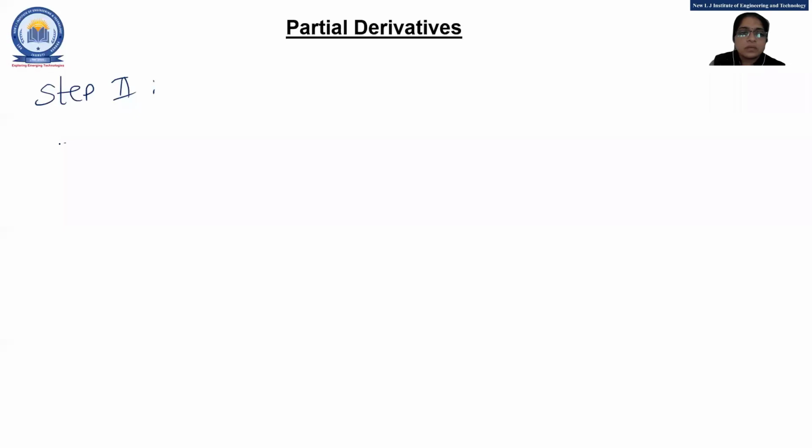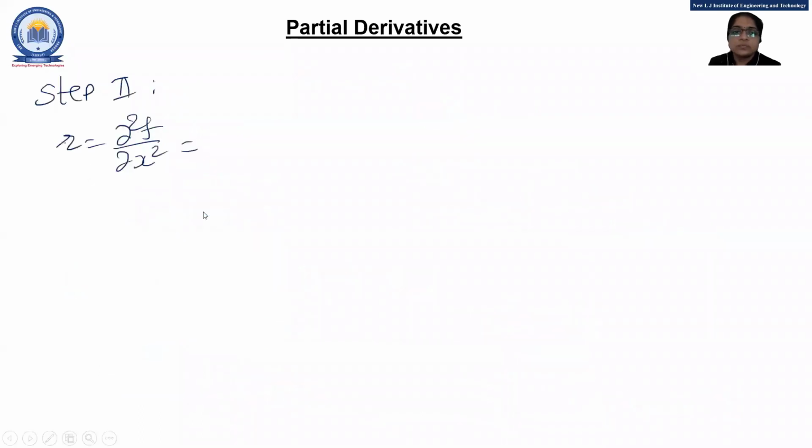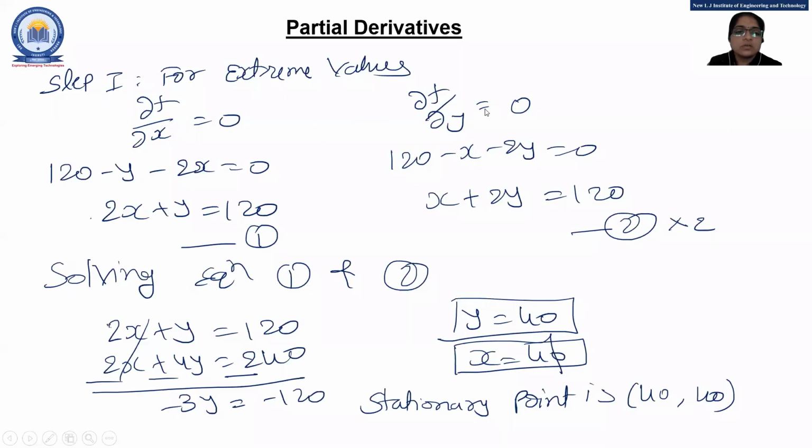r is equal to del square f by del x square. And what is the value of r? See, this is our del f by del x, right? So what is our del square f by del x square from this equation? 2. Very good, 2. Now for s, that is del square f by del x del y, what is the value of s?